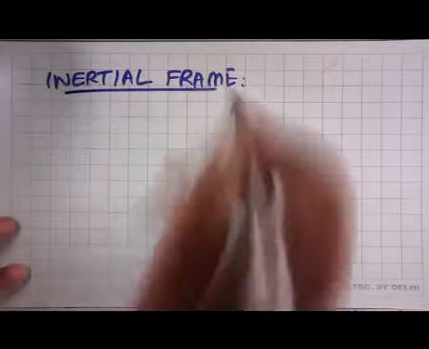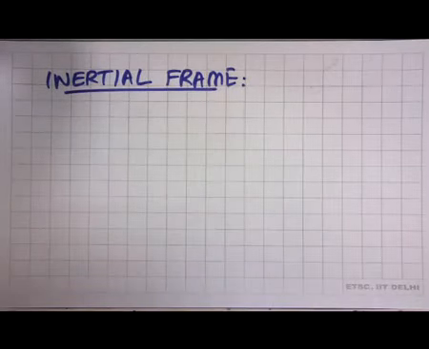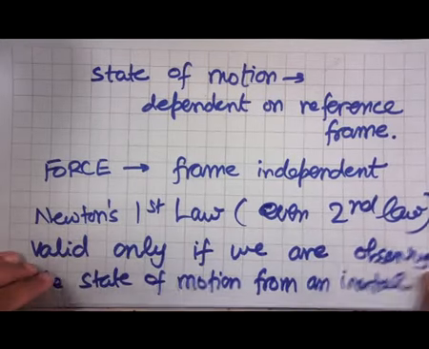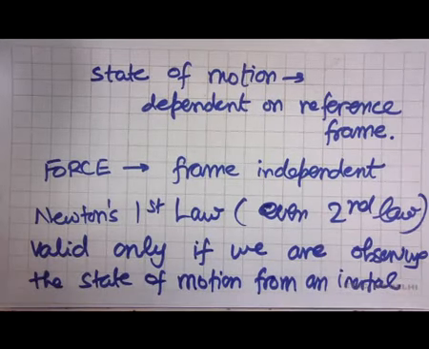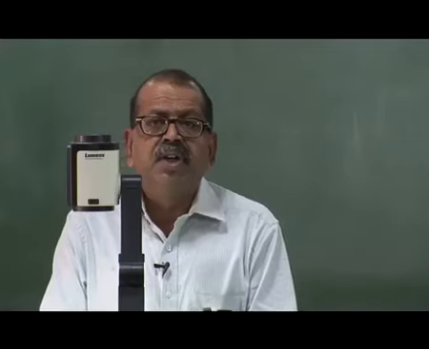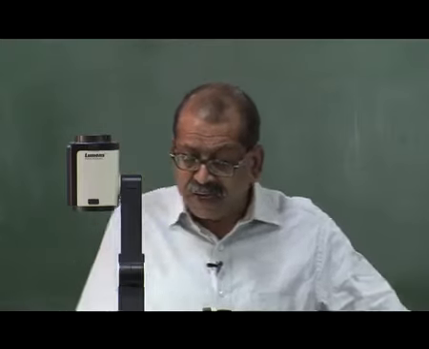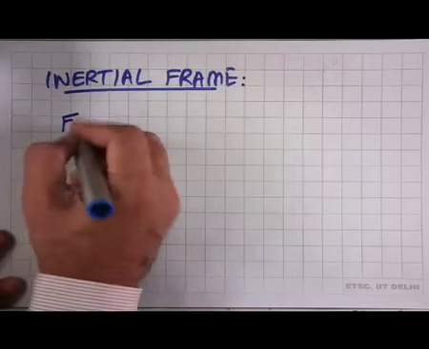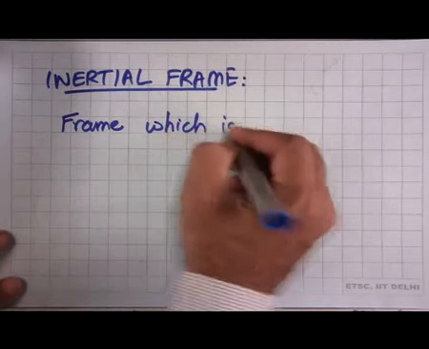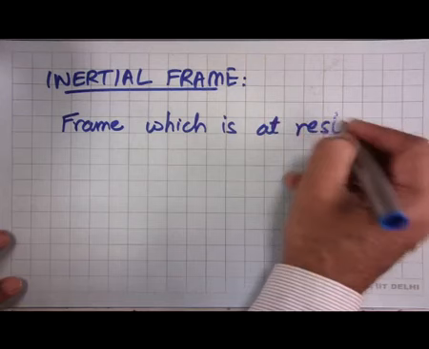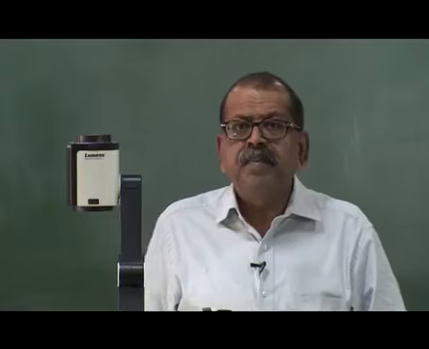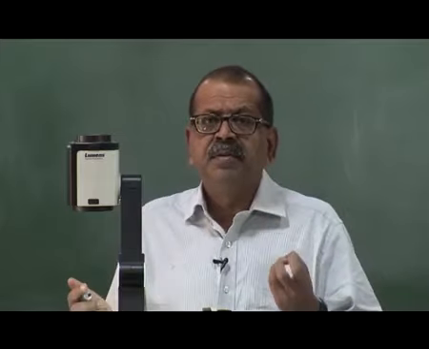So, the question then is, what is an inertial frame? What we are saying is Newton's law, whether it is the first law or the second law, is valid only if the state of motion is being observed with respect to an inertial frame. Now, an inertial frame is a frame which is at rest. That means the frame is not moving.